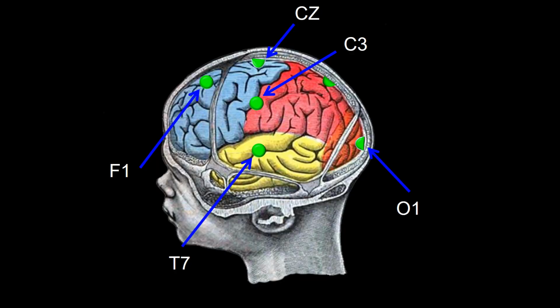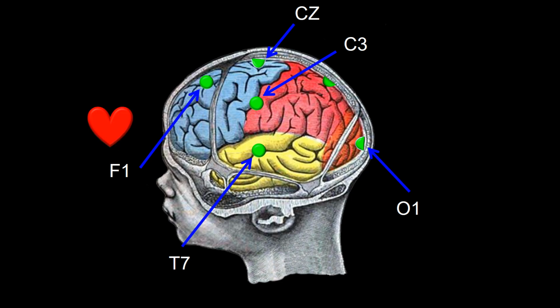In this frame, I have labeled the same electrodes as I labeled in the electrode placement diagram. As you can see, F1 is very close to the midline and therefore very close to F2.